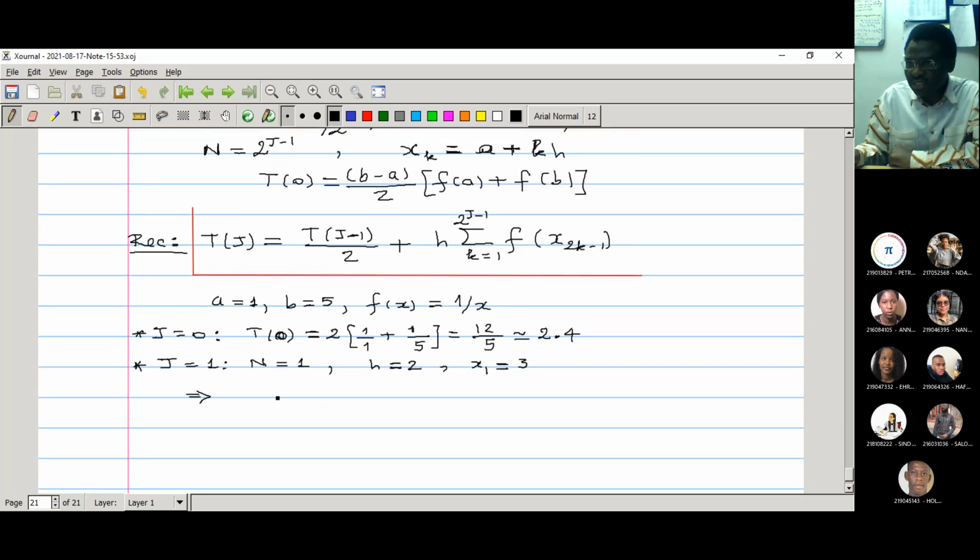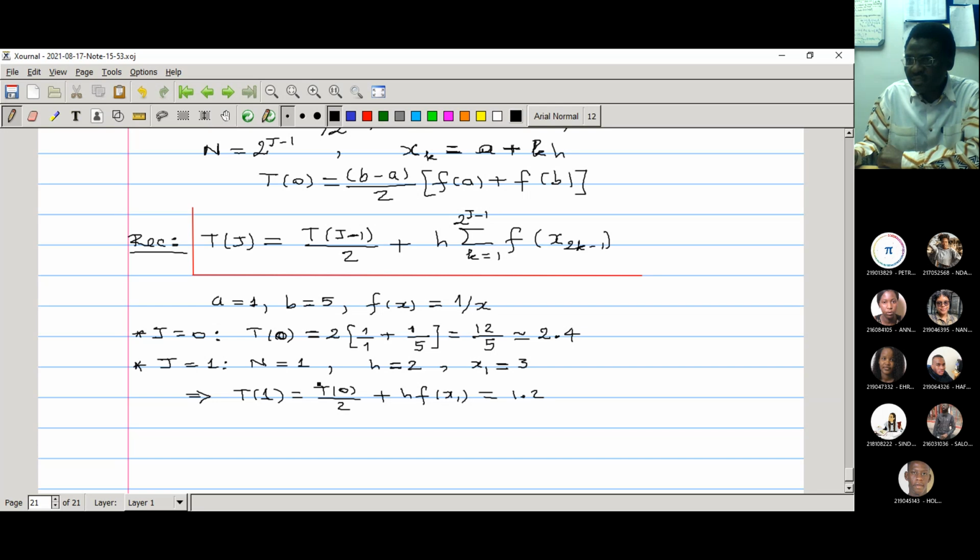So we substitute that in the formula. So this implies that our T1 is T0 by 2. And we know T0, which is 2.4, right? Plus H into F. So that is 1.2.